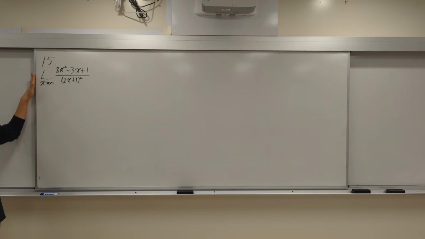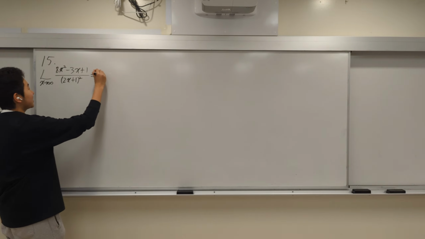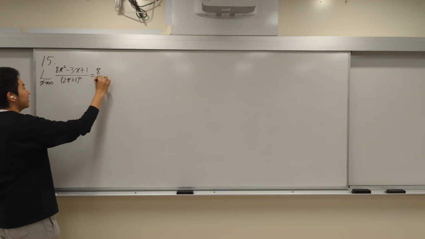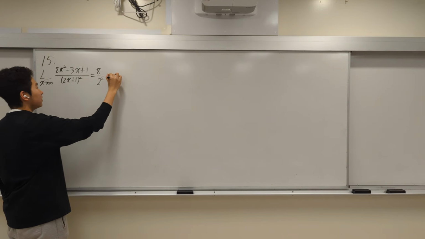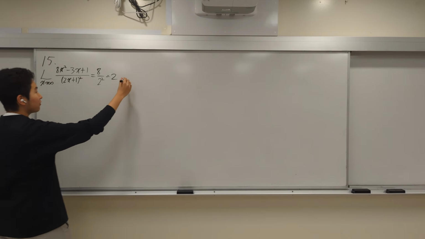Okay, so do we remember how to evaluate these kinds of limits? It's an infinity over infinity, which means we got to compare the degrees of the numerator and denominator. The numerator has degree 2, denominator also has degree 2, so we just compare the ratio of the leading coefficients. So that's 8 over 2 squared, right? So that's 8 over 4, and that gives you 2, which is correct for A. So A is correct.